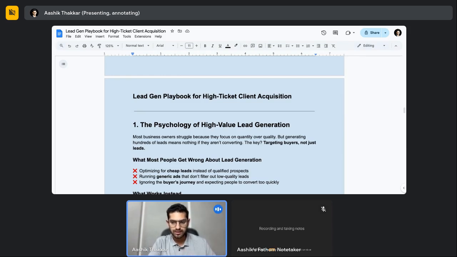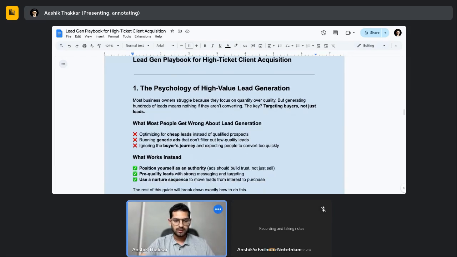But for other industries, the buyer's journey would be 5 to 7 steps or even more. So one must be mindful of the buyer's journey in their industry, and based on that, you must strategize accordingly. So what works in reality?